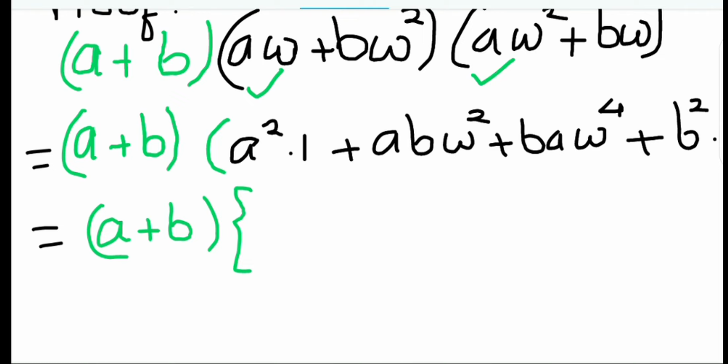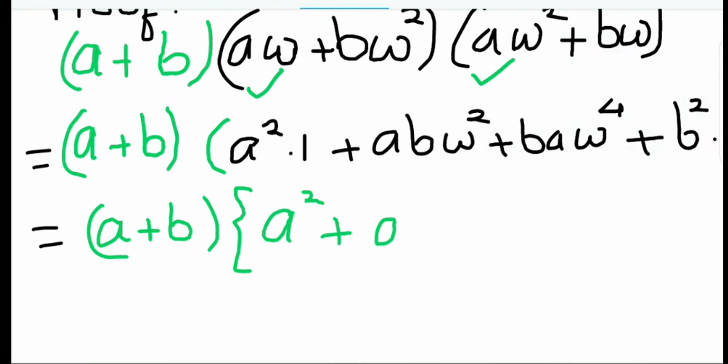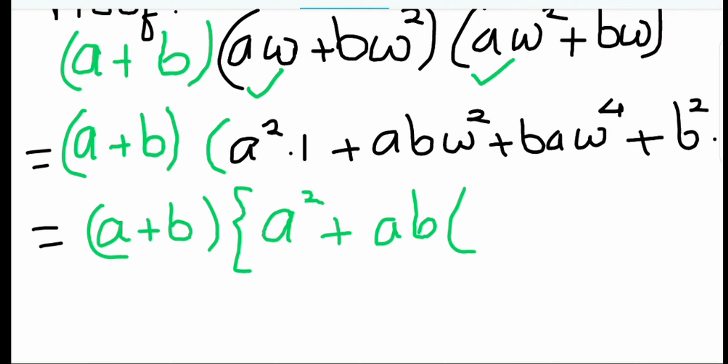A square as it is, plus we can take ab common, and inside we have omega square plus omega to the power 4, which can be written as omega cube into omega, and omega cube is just 1, so you are left with just omega, plus b square. Let's write it as it is.